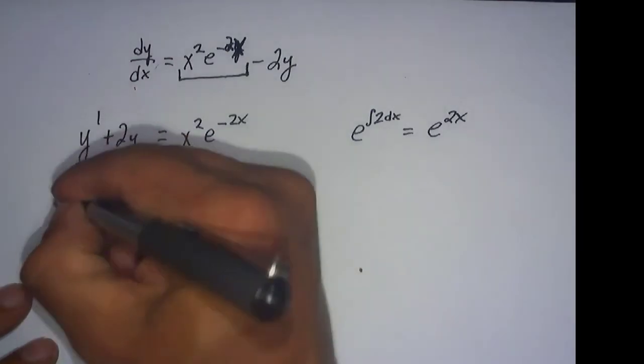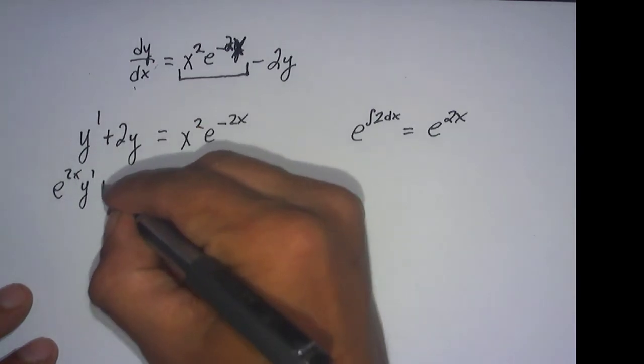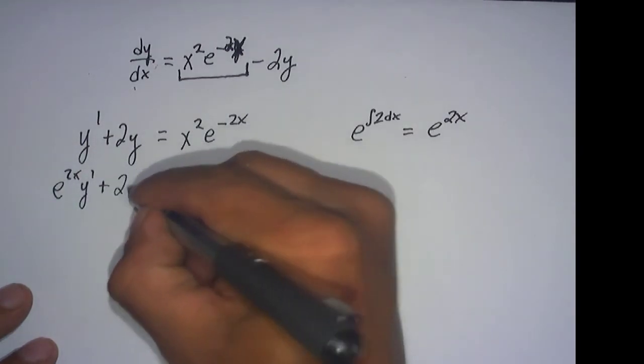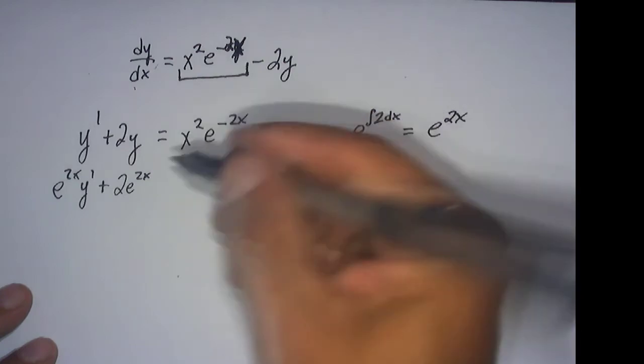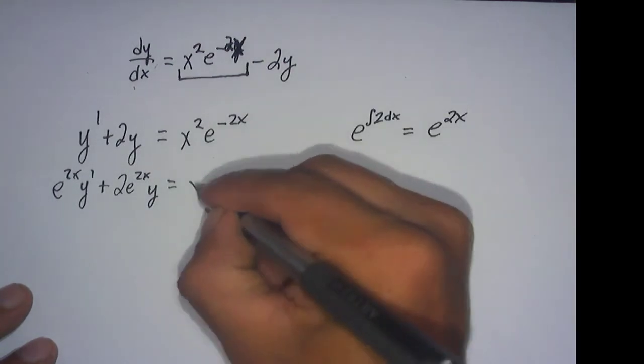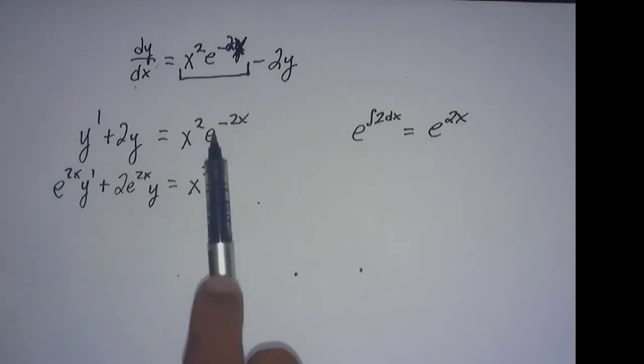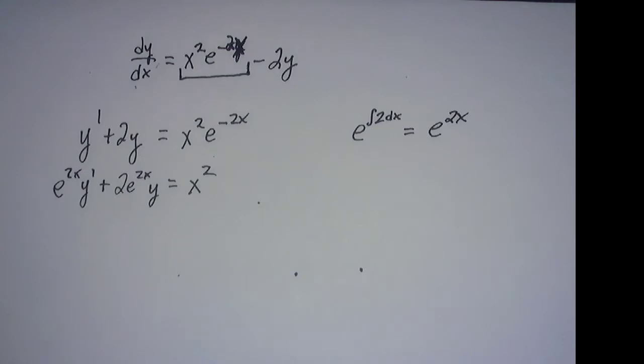So this will be e to the 2x y prime plus 2e to the 2x y is equal to x squared, because 2x minus 2x is 0. When you multiply those two together, you add the exponents and the e goes away. Magically. Isn't that just magic?